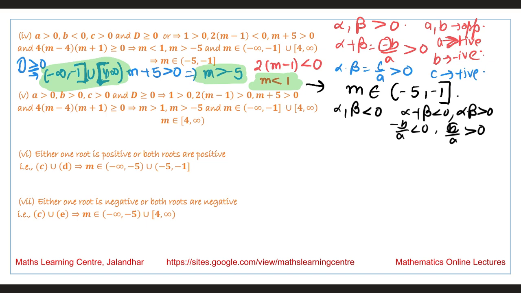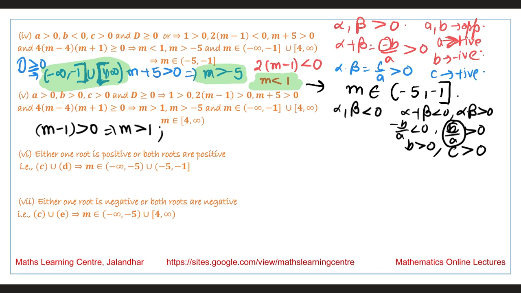So if b by a is less than 0, it means that a and b should have same sign. So this implies that b is greater than 0. A and C should have same sign, so C is greater than 0. B is greater than 0 means that m minus 1 is greater than 0. This implies m is greater than 1.